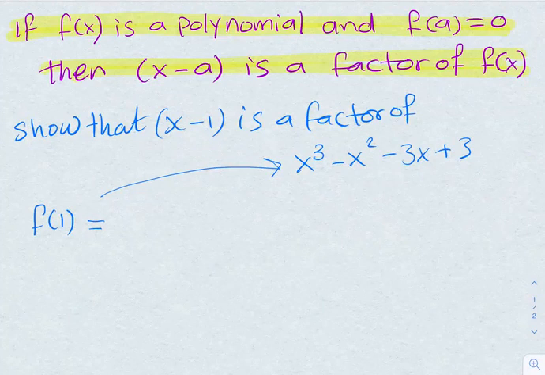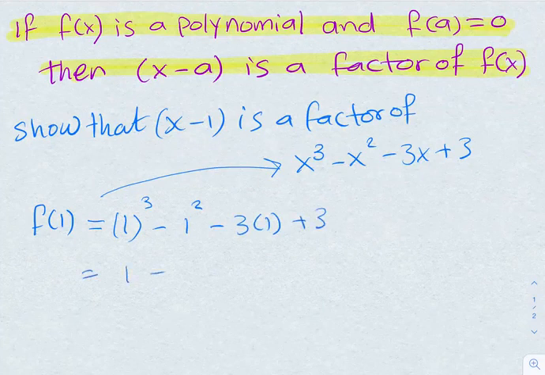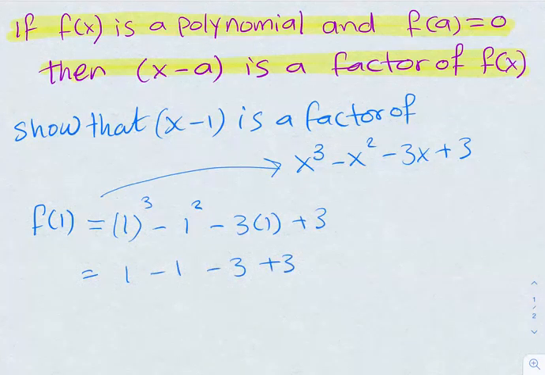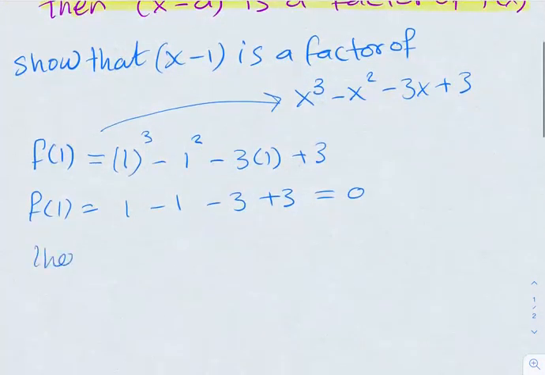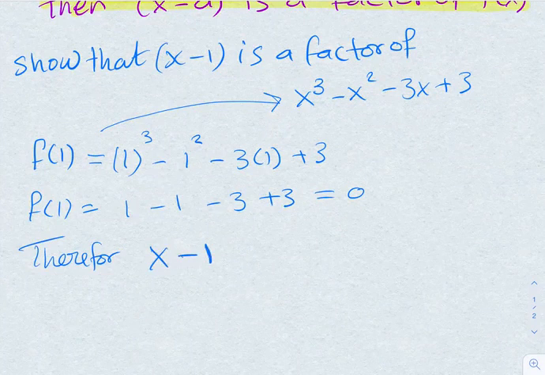It's going to be 1 cubed minus 1 squared minus 3 times 1 plus 3. So this is 1 cubed, which is 1, minus 1, minus 3 plus 3. Does that add up to 0? Yes. So f of 1 here is equal to 0. Therefore, x minus 1, it's always opposite to the number you took in as f of a.